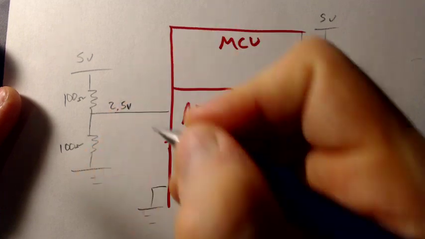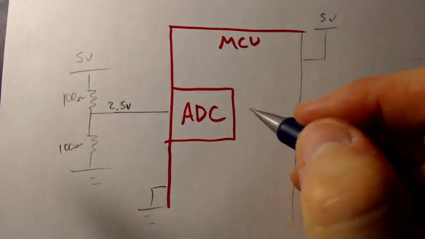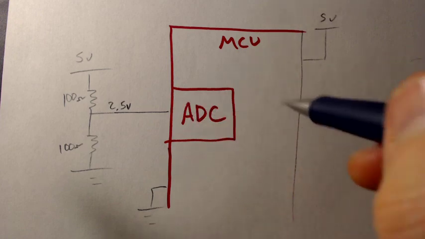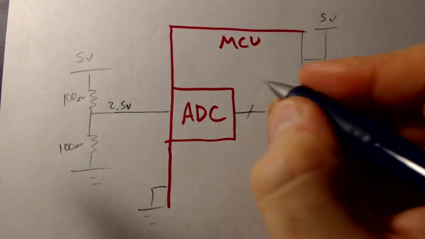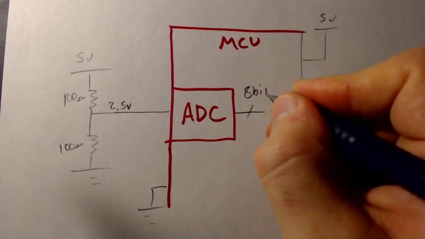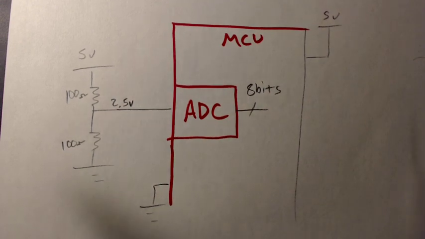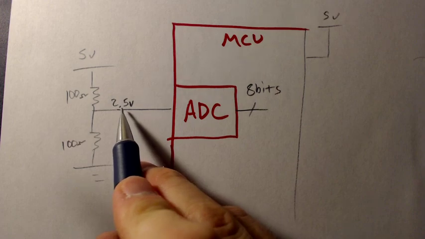And let's say I'm going to write a little program that runs on this microcontroller that reads the voltage on this pin and turns it into a digital value. Let's just say it's 8 bits. Well, guess what? This isn't true.